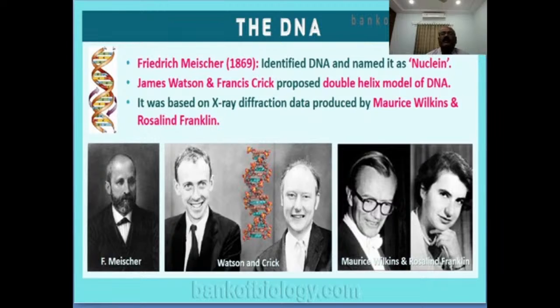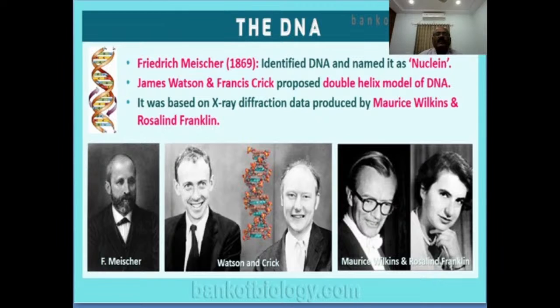When we observe the innovations of DNA, Frederick Miescher in the year 1869 identified DNA and named it as nuclein. James Watson and Francis Crick proposed the double helix model of DNA.